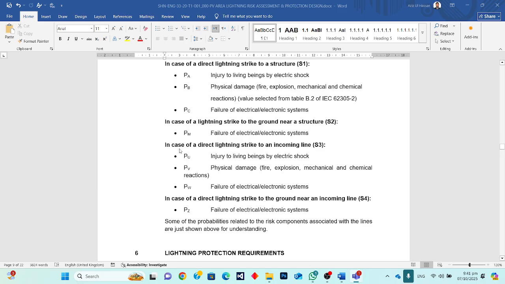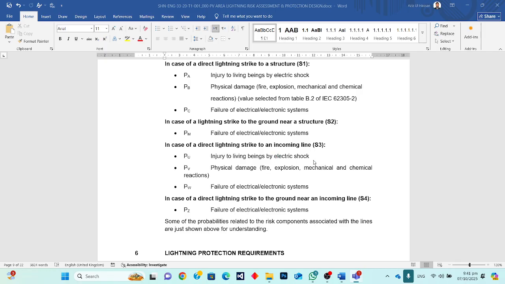The third case is a direct lightning strike to an incoming line: PU, PV, and PW. PU is injury to living beings by electric shocks.